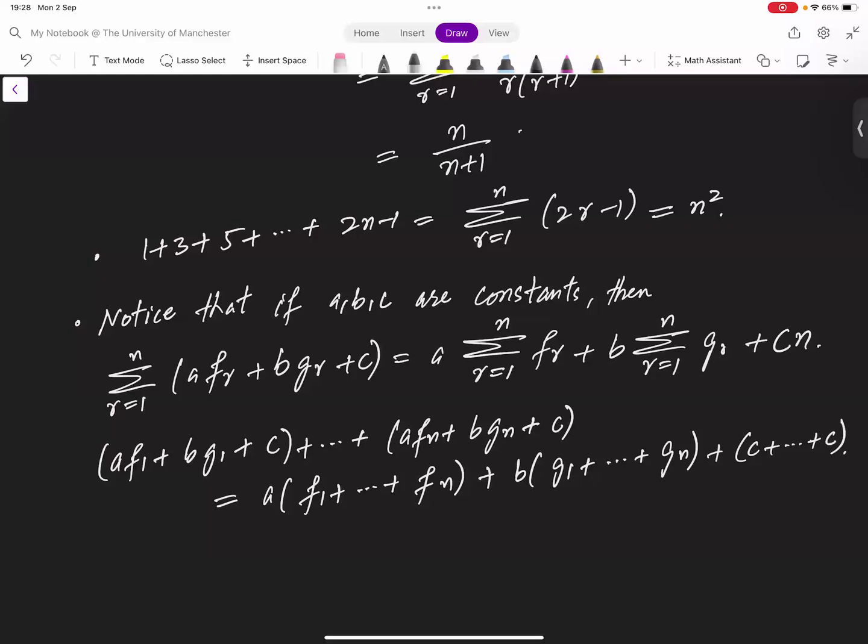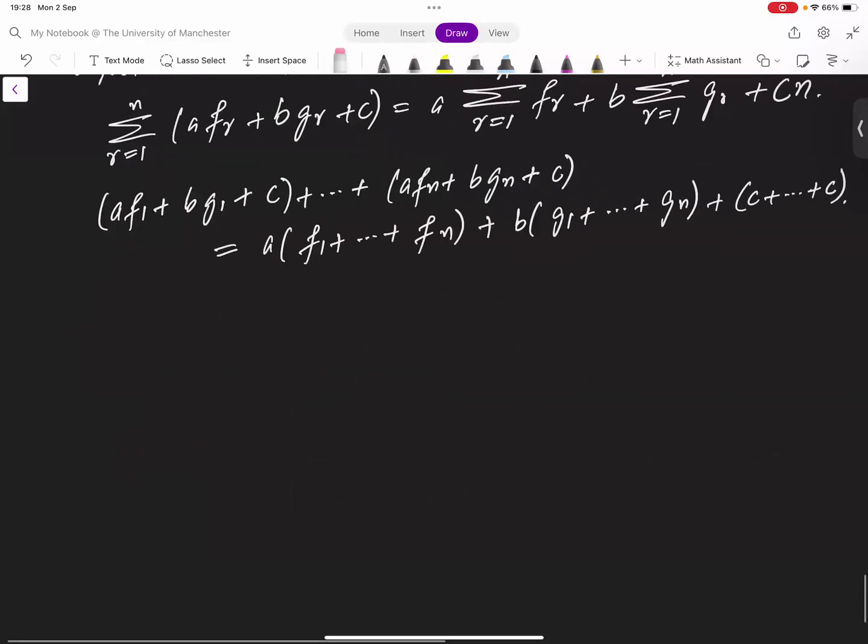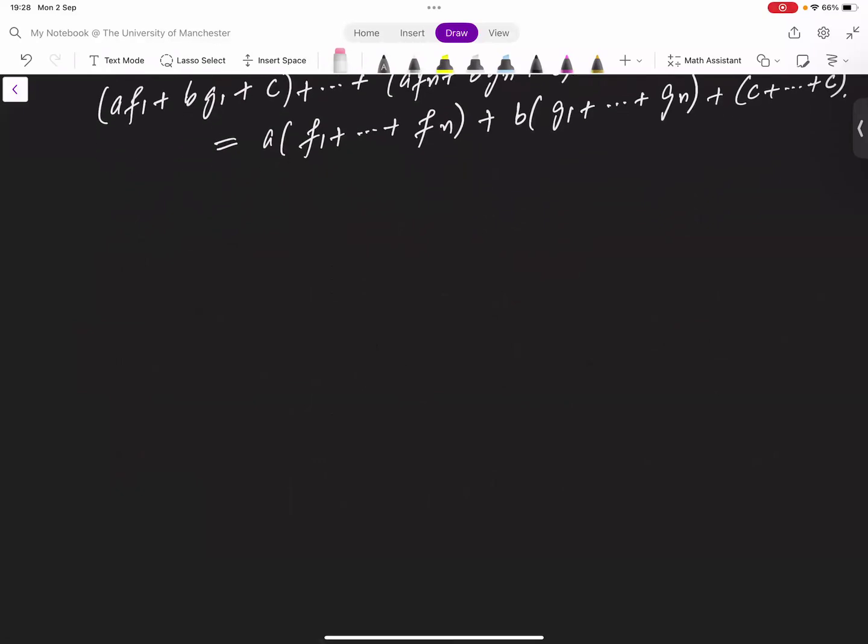So that's how you connect these two equations. Okay, perfect. Let's give an example.